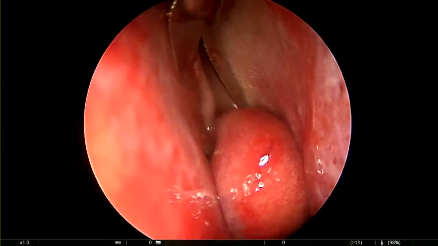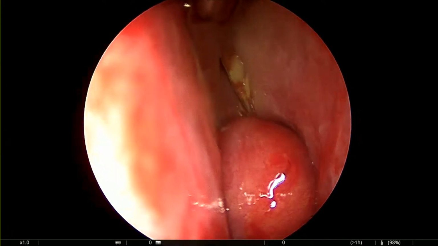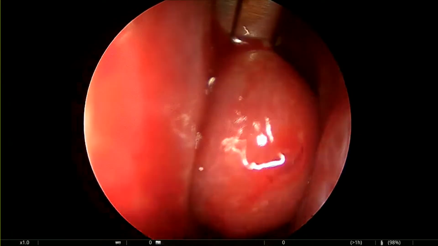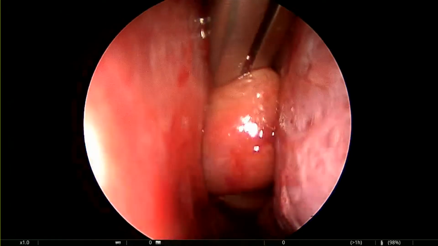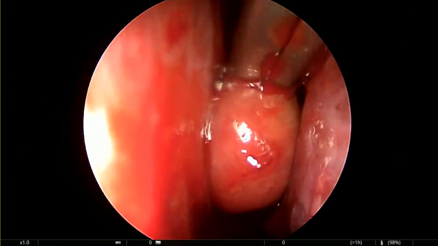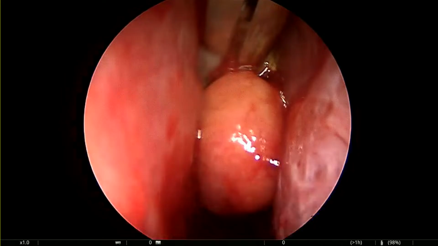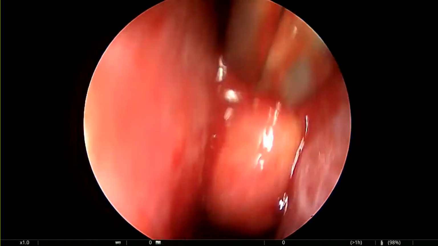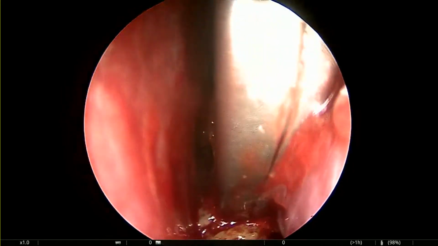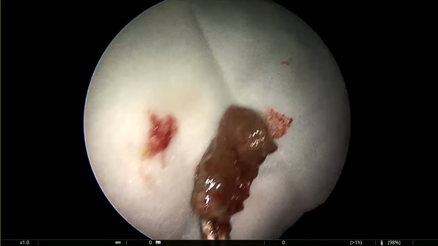I remove the superior part, only the inferior part, of course. Another secretion.